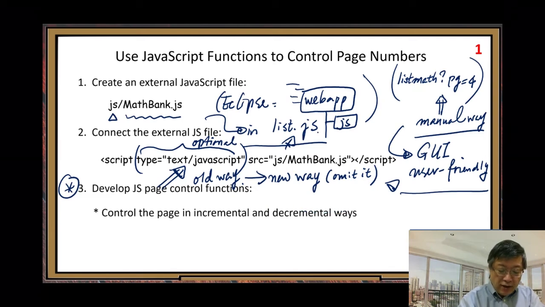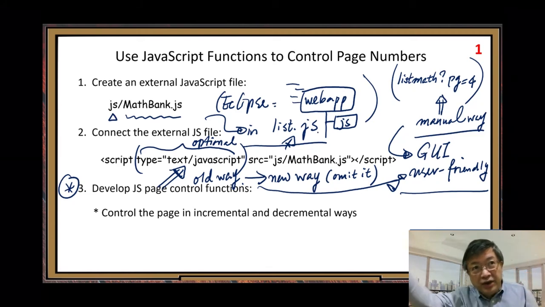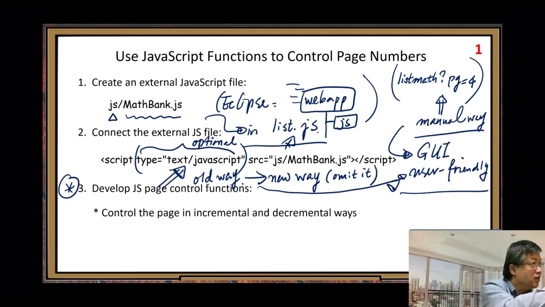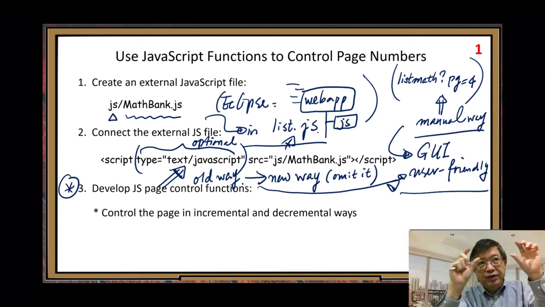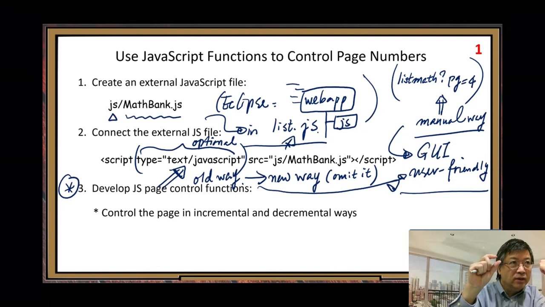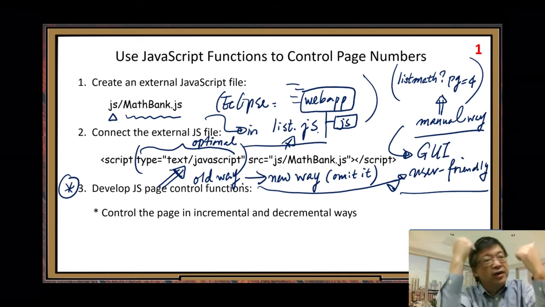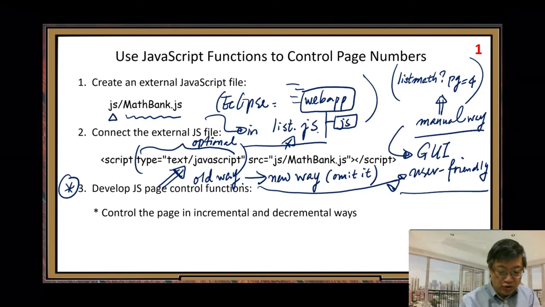All right, so the first page control function controls the page in 2 different ways. Navigation, go to the next page and the previous page, right? Typically, we have 2 arrow buttons. Previous page arrow button, arrow point to the left, and next page navigation button, arrow point to the right. So that's the usual way.